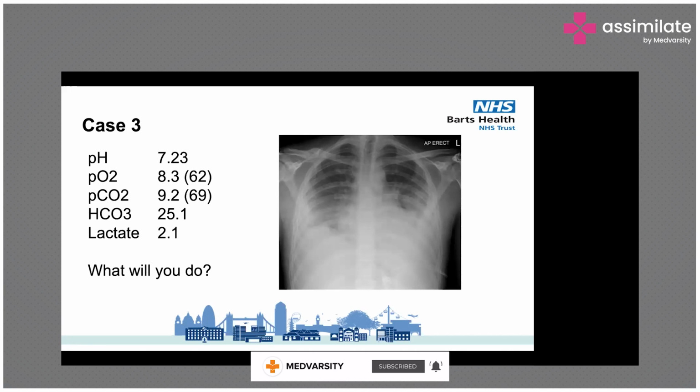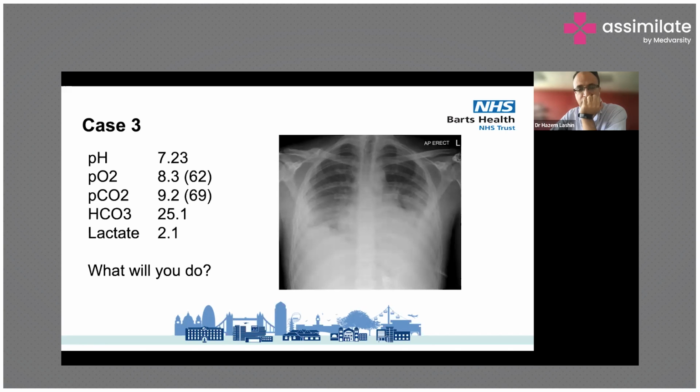And the X-ray. Pleural effusion or rupture.